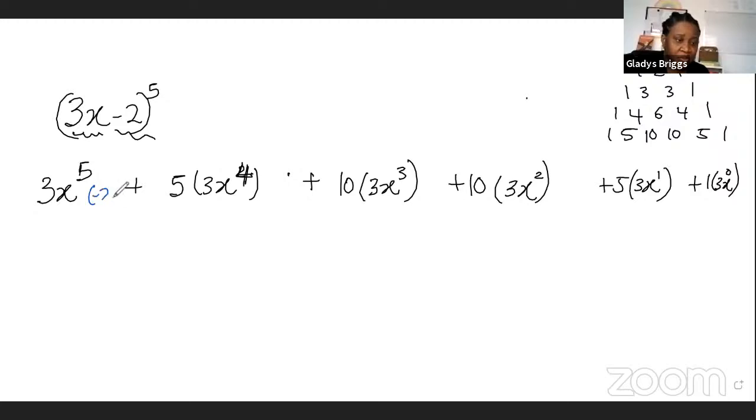Negative 2 to the power of 0, negative 2 to the power of 1, negative 2 to the power of 2, negative 2 to the power of 3, negative 2 to the power of 4, and negative 2 to the power of 5. Yeah? And this was where we got sort of confused. Hey, what do we do next? Oh my goodness. So if you have, let me have a look now. 3 to the power of, oh gosh, come on.